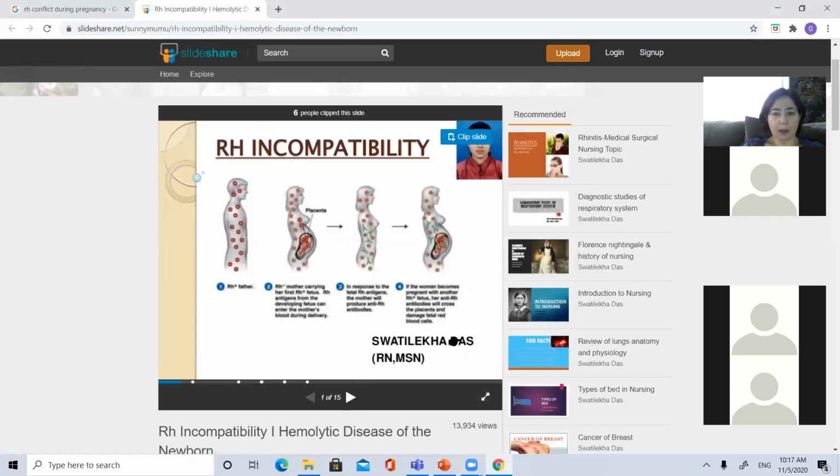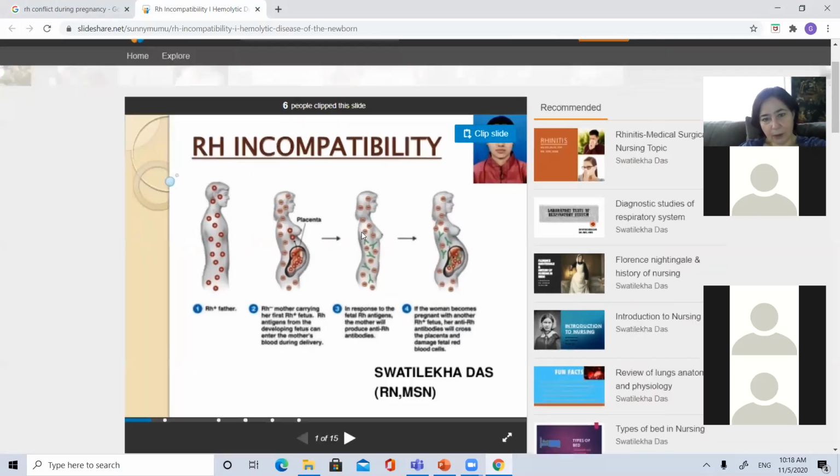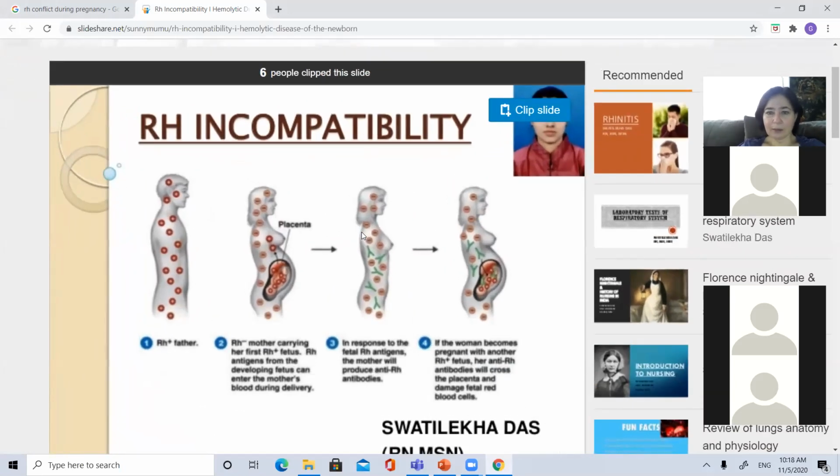Okay, so I see Rh incompatibility. As I said, during the first pregnancy, usually everything goes well. After delivery, you see the green antibodies, right? Next time she's pregnant again with an Rh positive child, these antibodies will cross the placenta and attack the embryo's red blood cells.